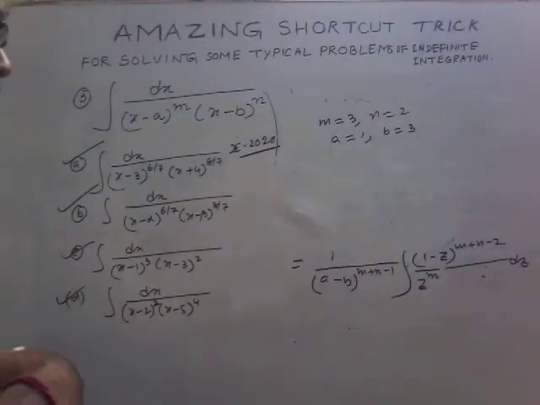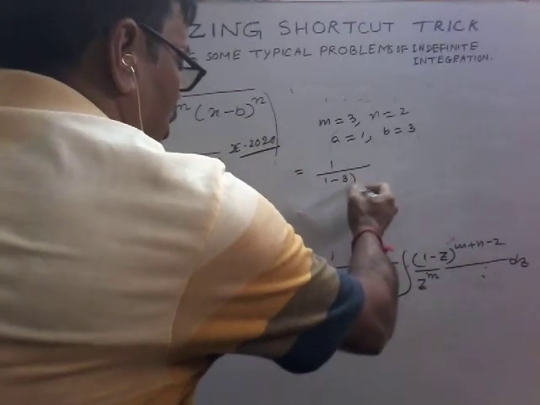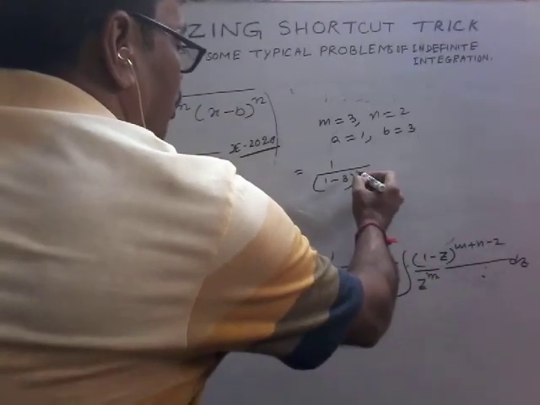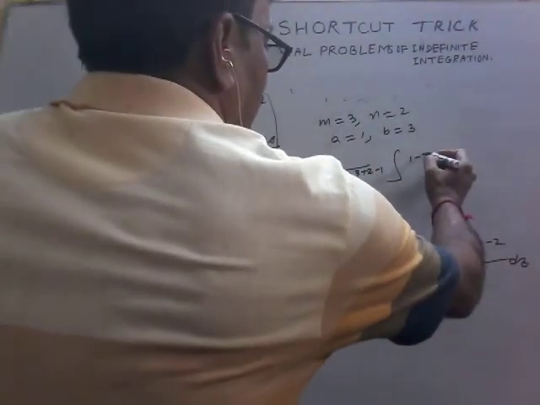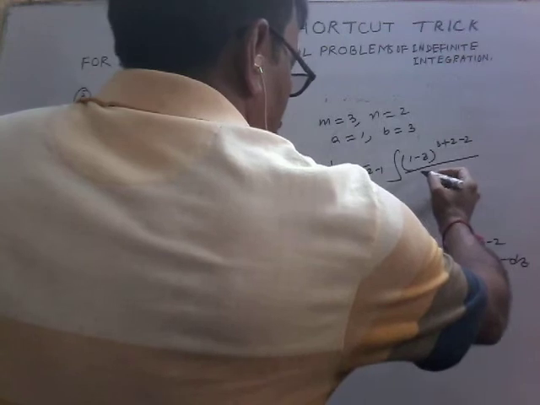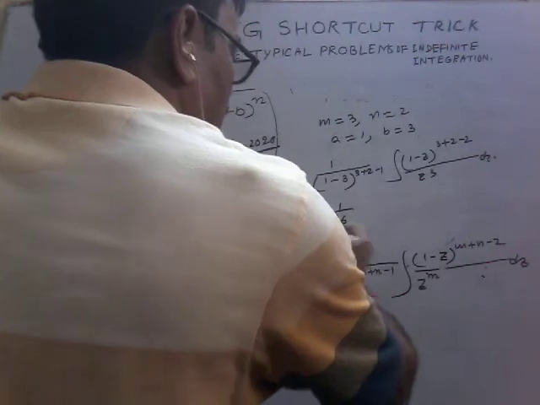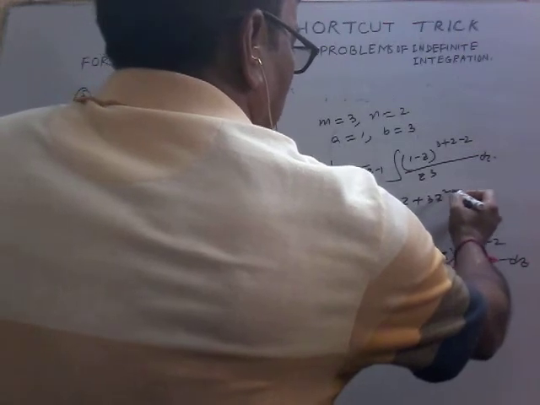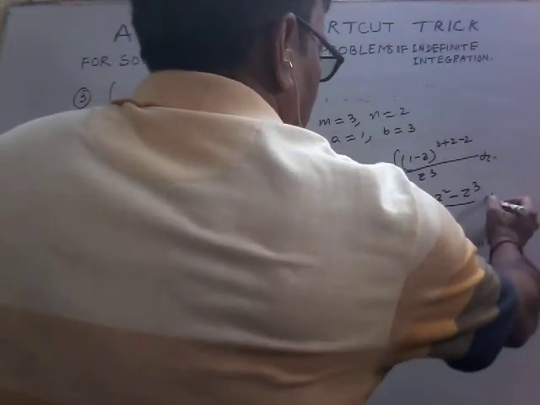So what is our formula? 1 by (a minus b), (1 minus 3) whole to the power m plus n minus 1, that is 3 plus 2 minus 1, integral of (1 minus z) to the power 3 plus 2 minus 2 by z to the power 3 dz. So this is 1 by 16, and (1 minus 3z plus 3z square minus z cube) by z cube dz.